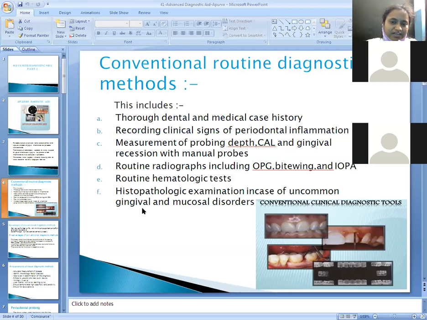First is related with clinical diagnosis, that is with the help of the probe. Advancement in that we are going to discuss. Second part of advanced diagnostic aids is diagnosis related with radiographs, advancement in radiographic techniques. Third is related with microbiological and biochemical tests. And lastly, we are going to discuss the various genetic tests.